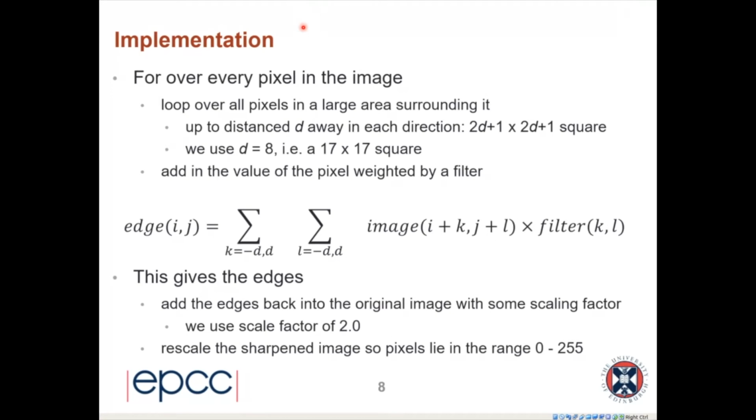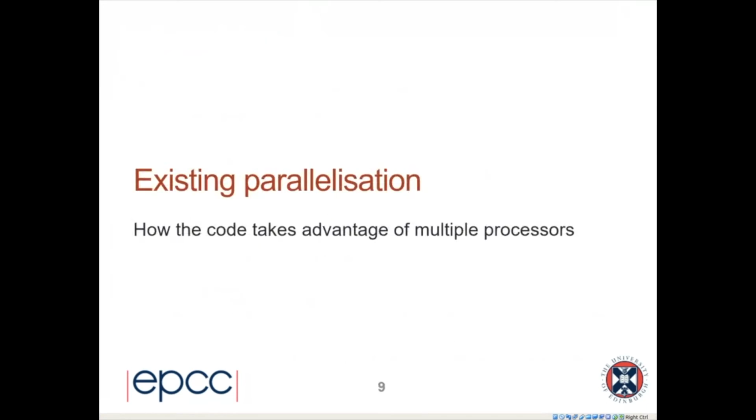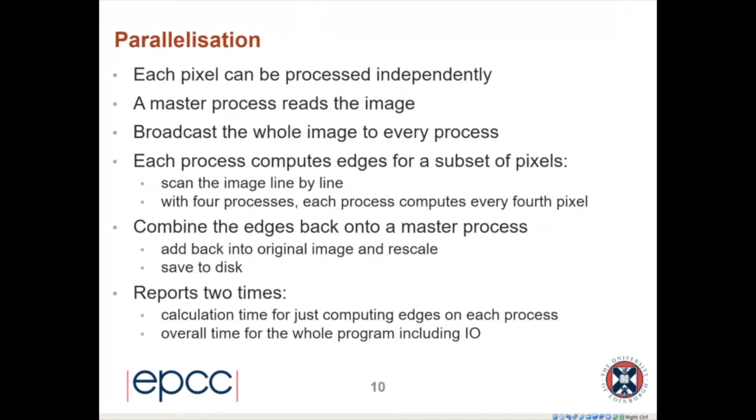Well, if you think about it, each of these operations is independent. We can compute the edge value of every pixel independent from the other ones. And so we can divide the calculation up between different processors. And we do a very, very naive parallelization where each pixel could be processed independently. So a master process reads the image.